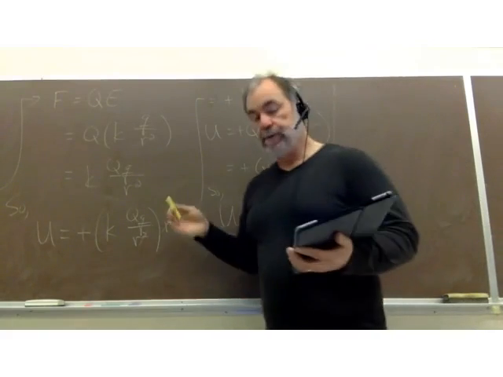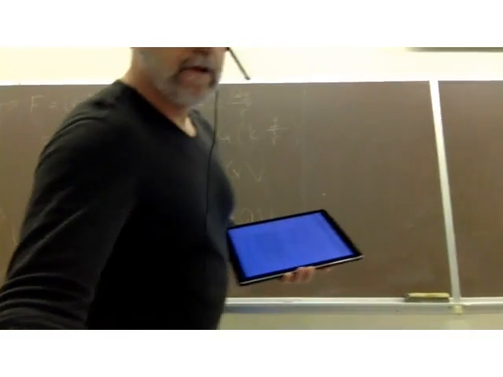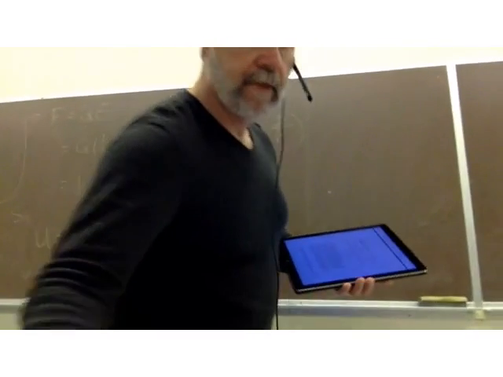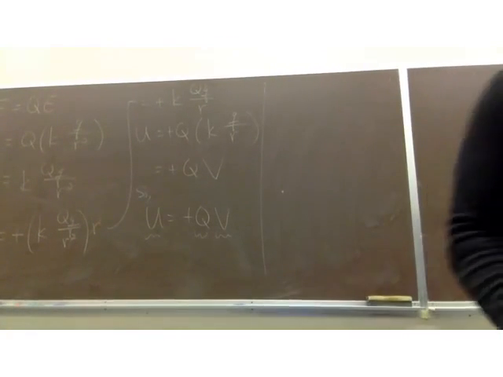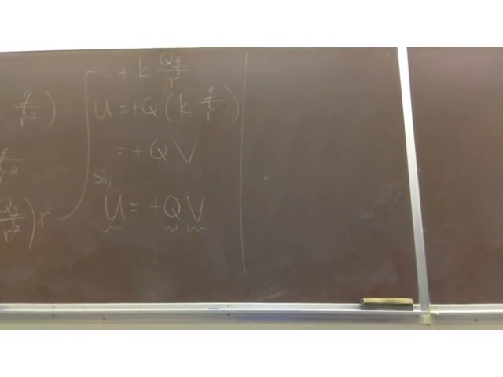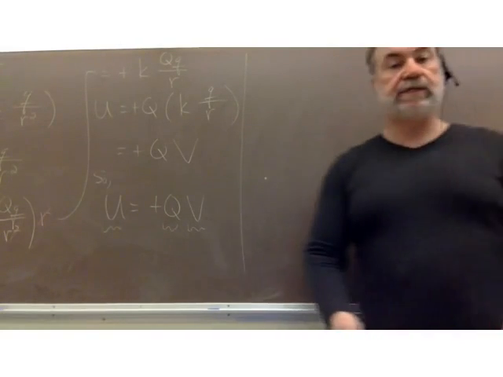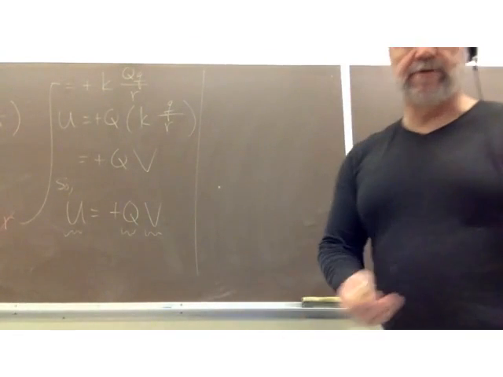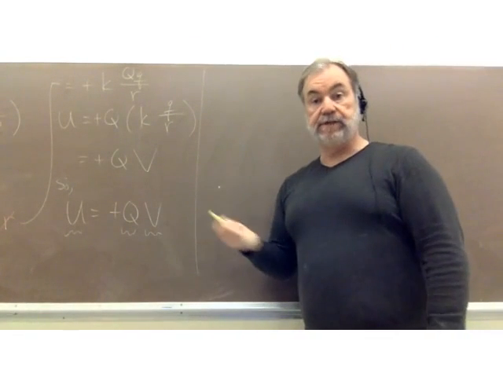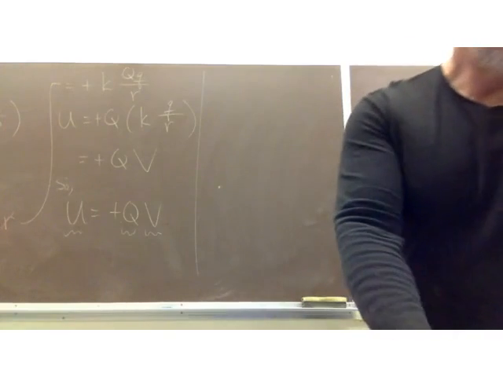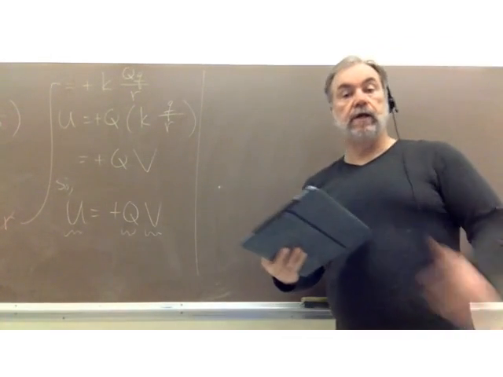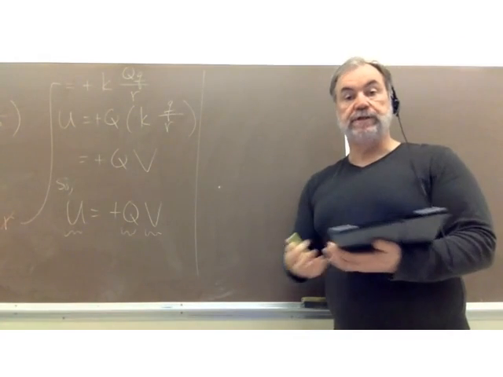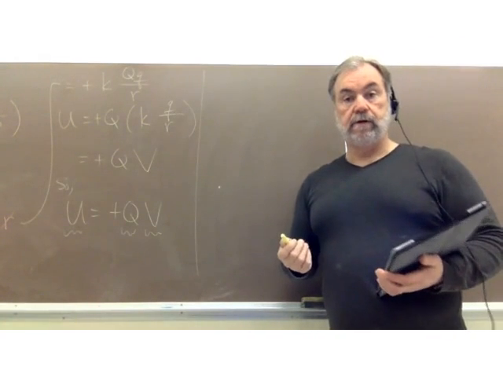Here's my next point. You might remember from your first quarter of physics that the potential energy needs a location in space to be defined as where the potential energy is zero. More than that, you are free to define where your potential energy is zero to be anywhere you want it to be.